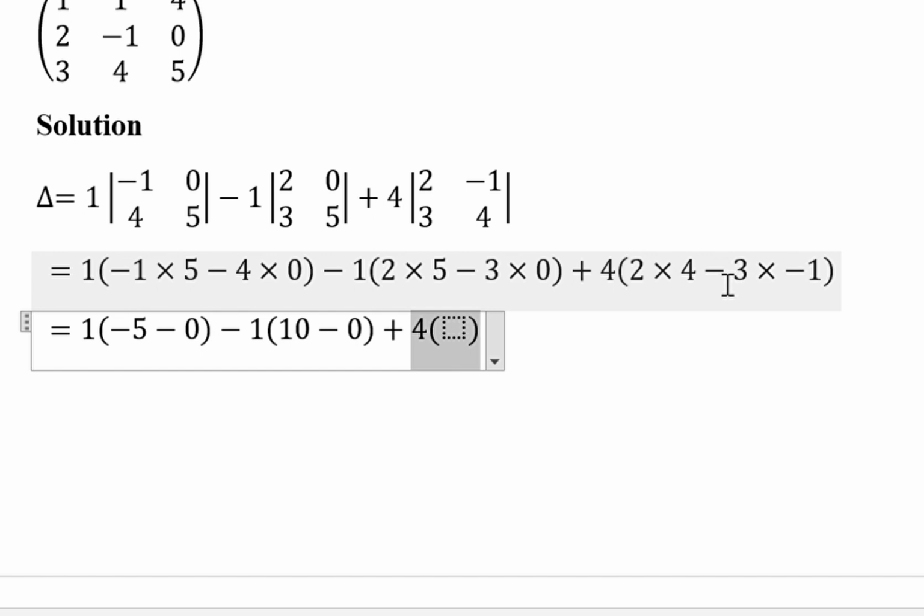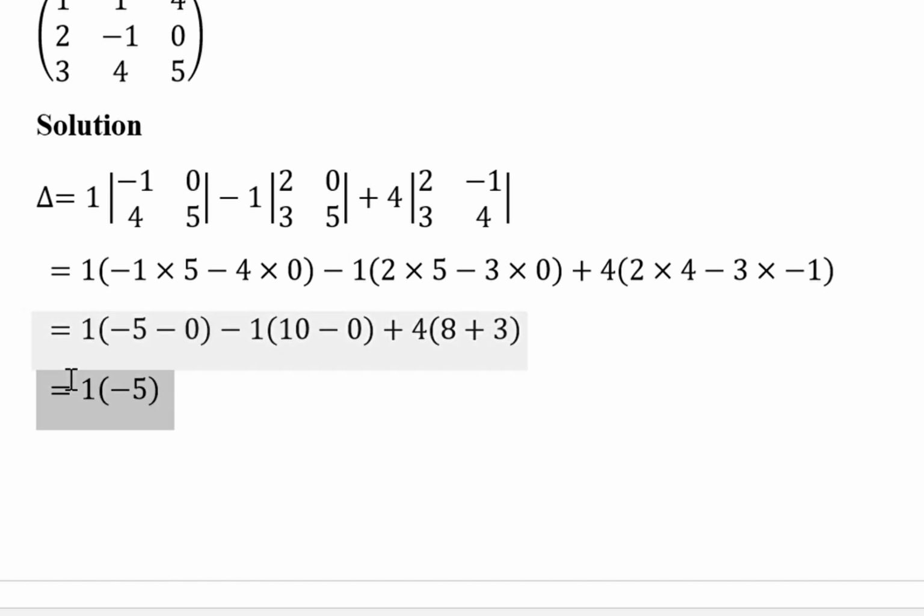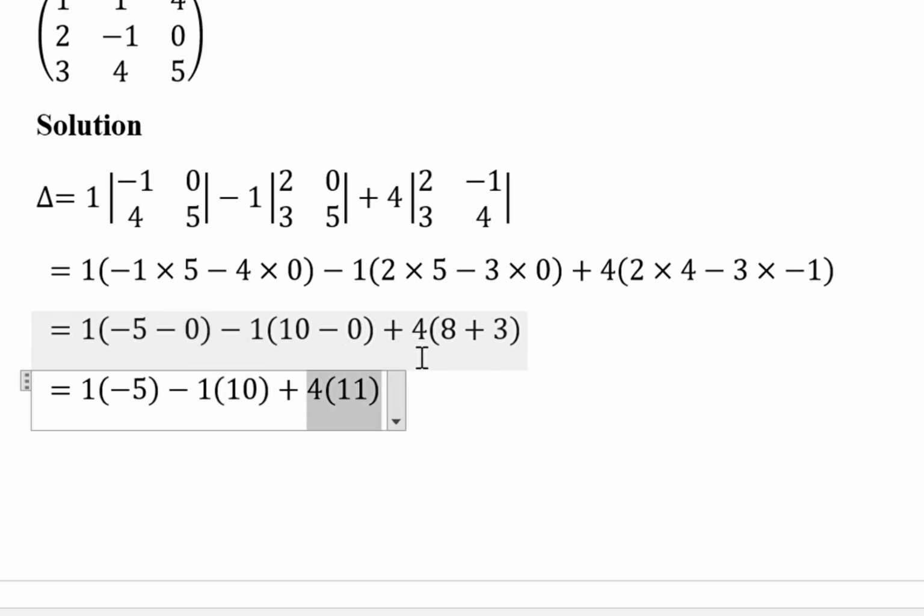But remember, a negative times a negative is a positive, so it is like 8 plus 3. Simplifying this further, you will have it being 1 into -5 minus 1 into 10 plus 4 into 11, which simplifies to 29.